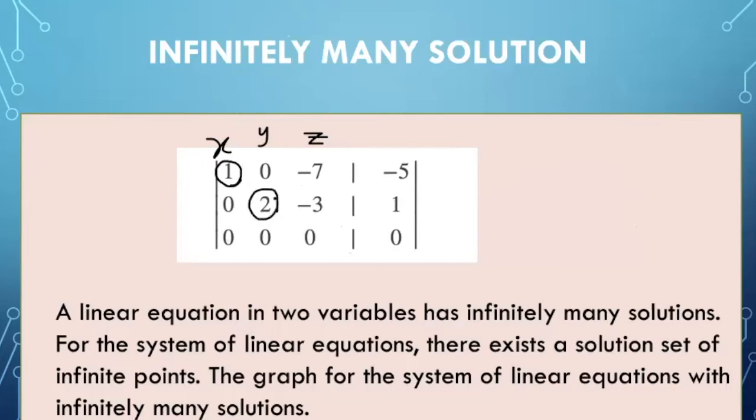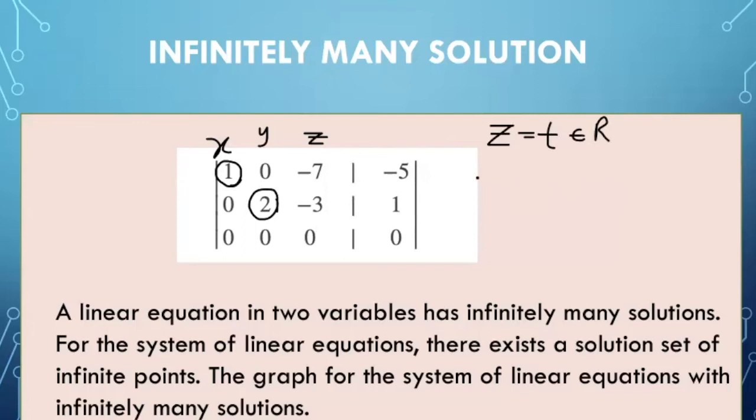This is the next leading value in the second row. Since this is all 0, we say z represents a free variable, let's say t. And what this means is that t can be any number. It's an element of the real numbers. So that's why we say it's infinite, because it can represent any real number.